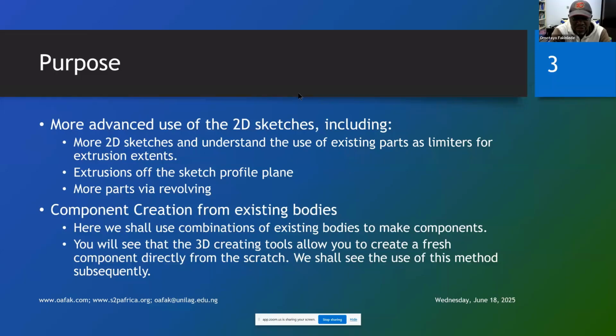The 3D creating tools allow you to do either. So you might decide that out of a number of bodies you've already created, you can join them together, combine them, and make the combination a component. Or you can just create a component straight from your two-dimensional sketches. So we shall see the use of this method subsequently.